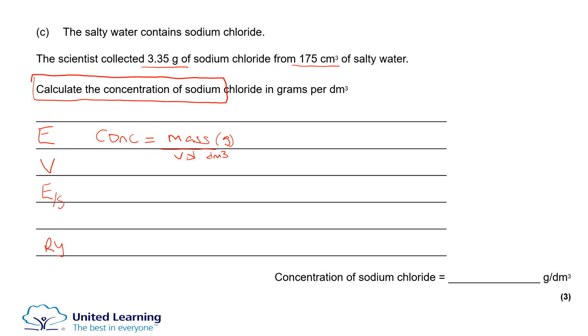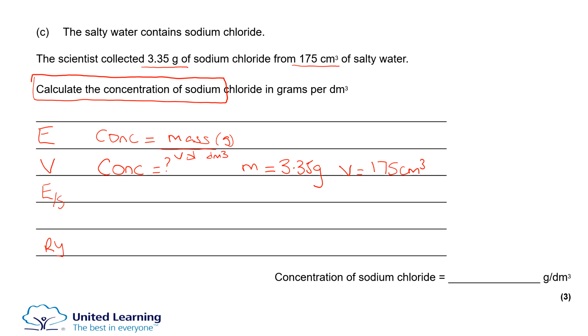Our values for this equation come from the question. Concentration, as we've already discovered from boxing it off, is what we are calculating, so we put a question mark. The value for mass from the question tells us it's 3.35 grams, and the volume is 175 centimetres cubed.